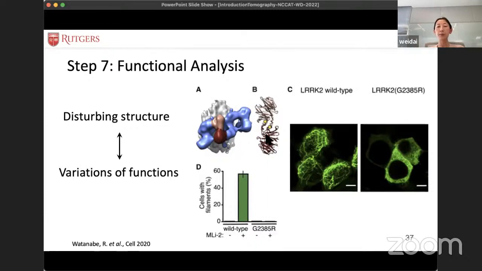And then they performed structural analysis, mutagenesis, and later on fluorescence imaging to track the dynamics of LRRK2 protein inside the cells. I think this is a very important application of cellular tomography for us to understand functions of your target.